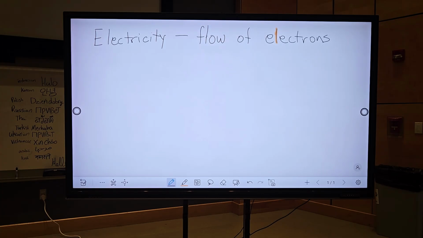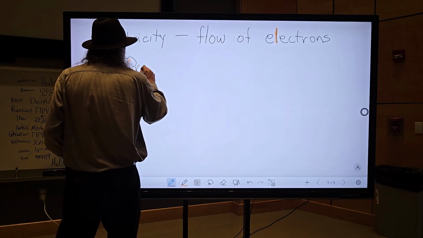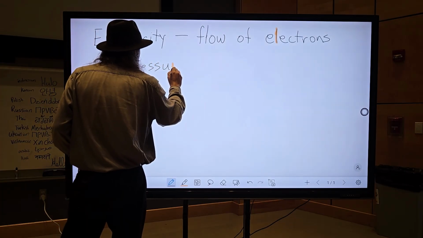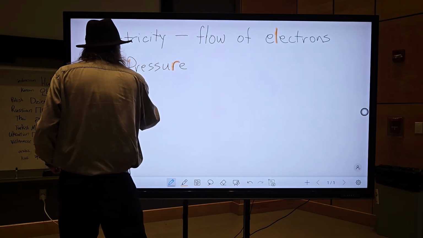It is similar to the flow of water, not in all respects, but it is similar to the flow of water. Electricity has pressure, and it has volume.